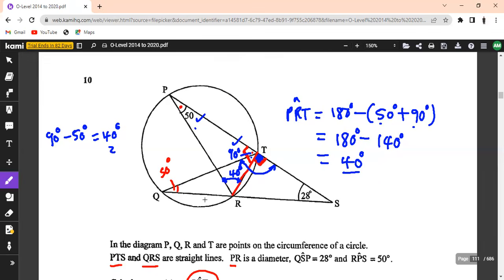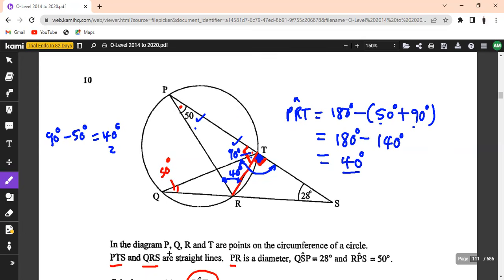All right, this is it, guys. The other part that we are given from this, remember, we can work from the chords and so forth. I want us to cross-check what we have here. If we cross-check from this chord, we say this is actually 50 degrees, which is this angle Q. And this angle here is 28.